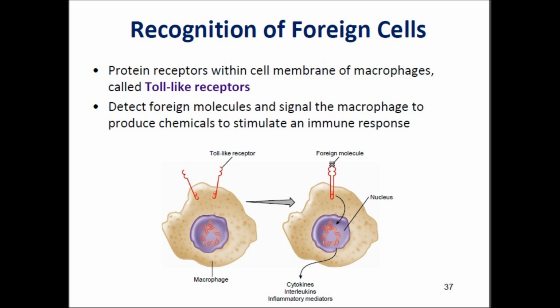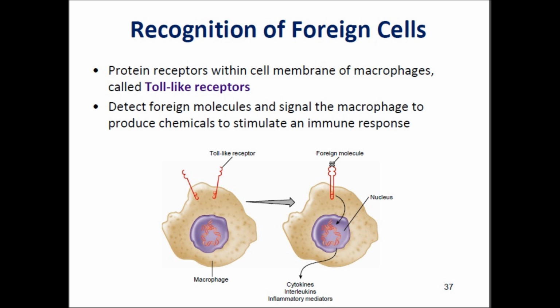The most important thing is that a macrophage has a receptor, which happens to be a toll-like receptor, that can recognize this foreign molecule. Then it's going to try to destroy or ingest the foreign material. This could be the molecule, or part of a receptor attached to a microbe.